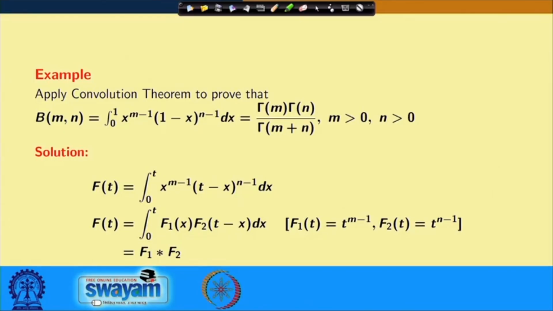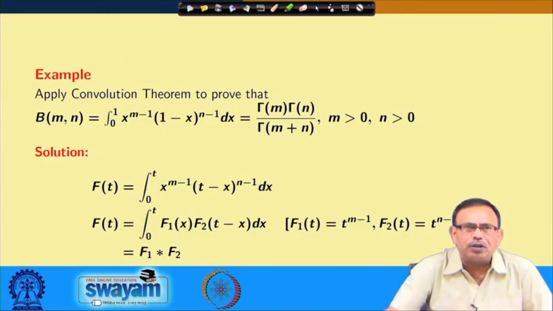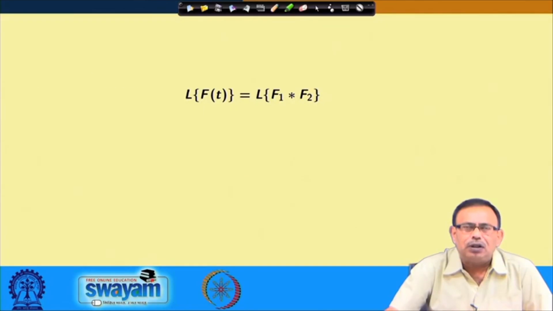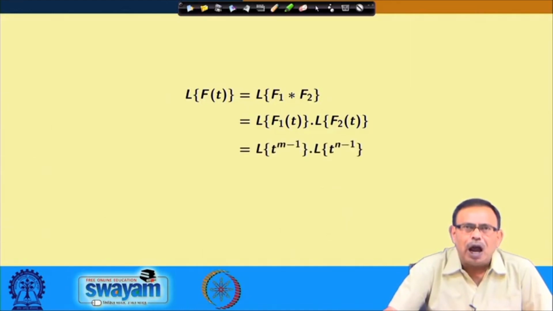Once I am writing f(t) equals f1 star f2, now take the Laplace transform on both sides of the given equation. So, that you will obtain the Laplace transform of f(t) equals the Laplace transform of f1 star f2. So, using the convolution theorem, the Laplace transform of f1 star f2 you can write down as the Laplace transform of f1(t) into the Laplace transform of f2(t), and f1(t) is t to the power m minus 1, f2(t) is t to the power n minus 1, and you are writing the Laplace transform of these two functions as gamma m by s to the power m into gamma n by s to the power n.